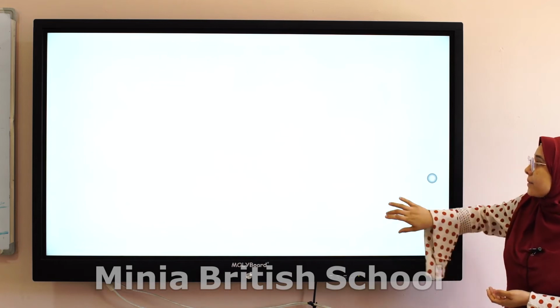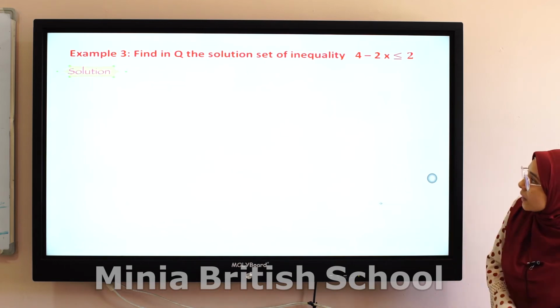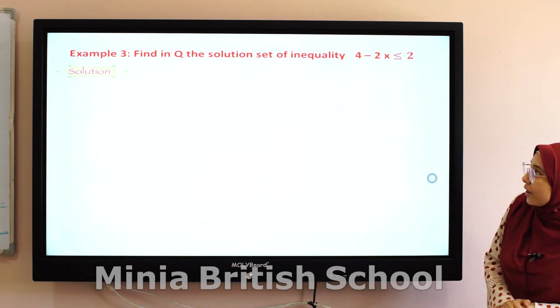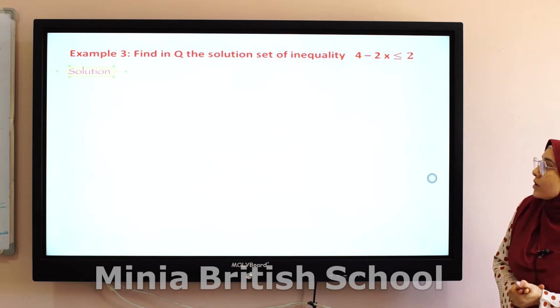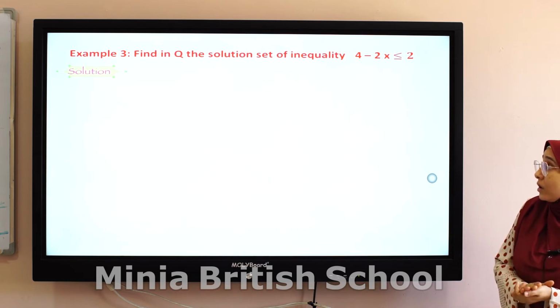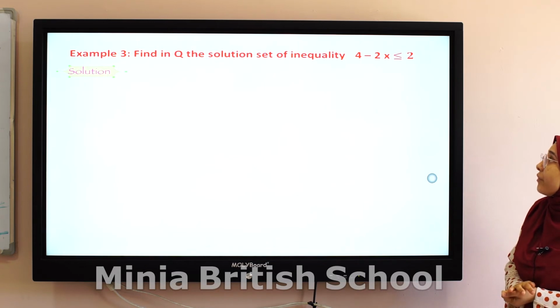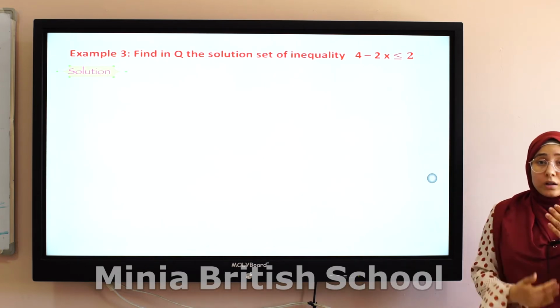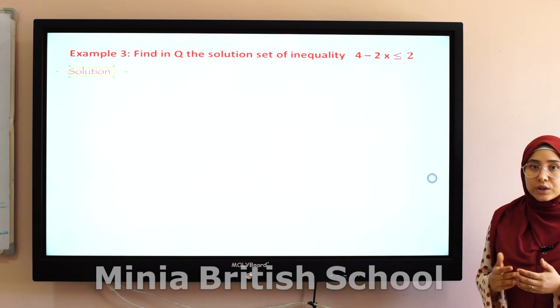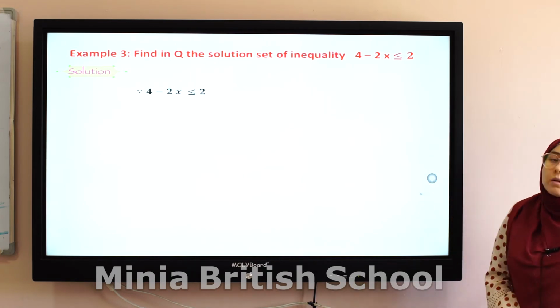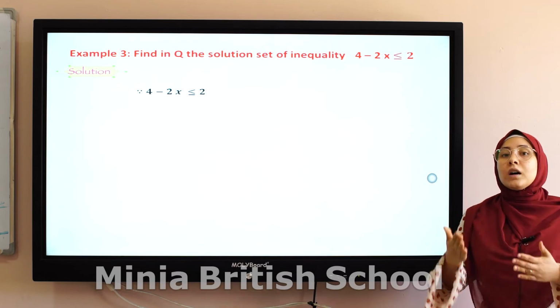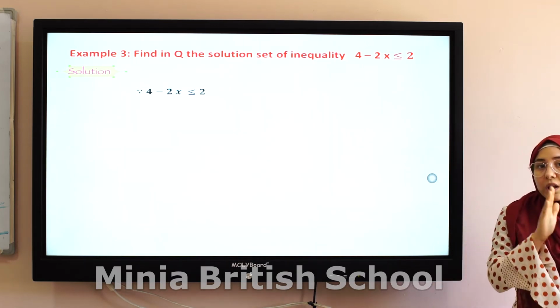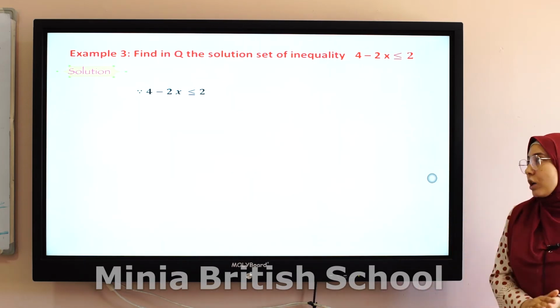Last exercise. Find in the rational numbers the solution set of the inequality 4 minus 2x less than or equal to -2. The same idea here. Again, I will separate between the variable and the constant.